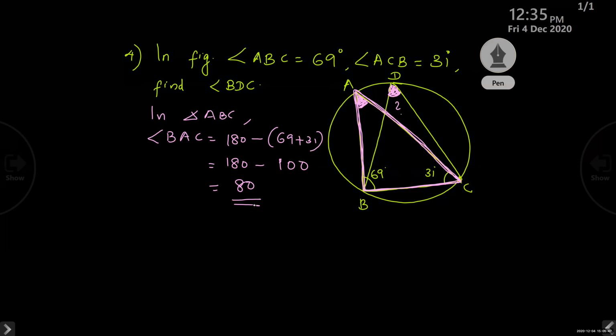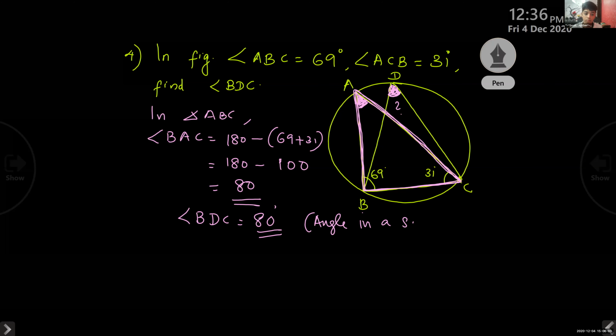Now you can write what is angle BDC. What is angle BDC? 80. And what is the reason? Angle in the same segment. So like that, you should find one way to find the answer.